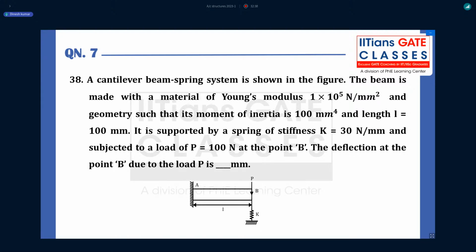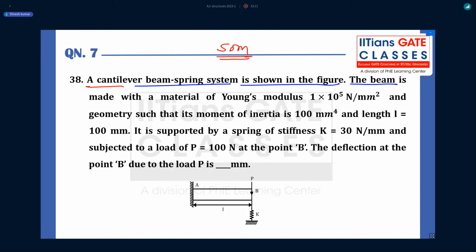This question is again a combination of spring and beam. Basically it's an SOM question, number 38 from GATE Aerospace 2016. A cantilever beam-spring system is shown in the figure.